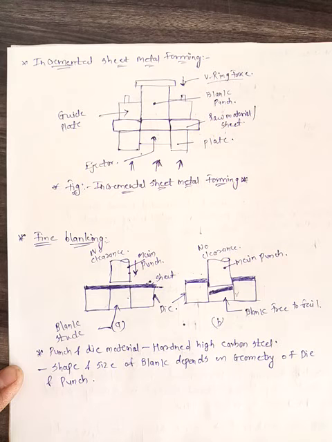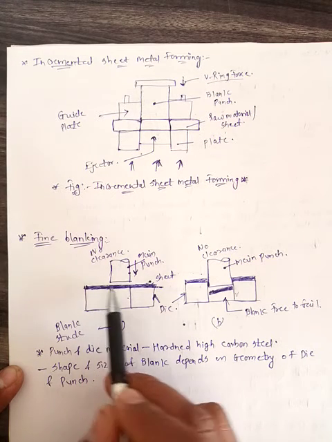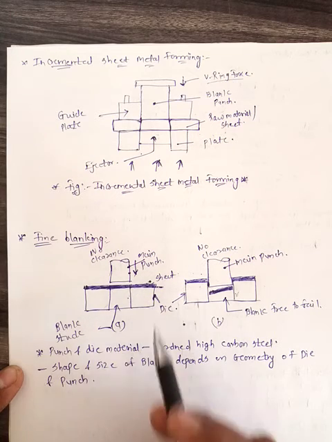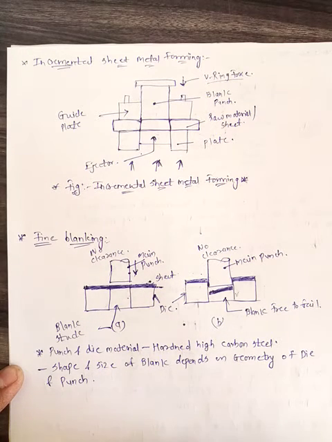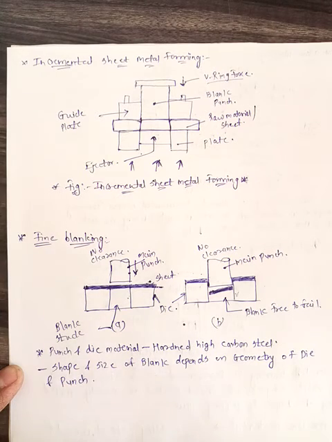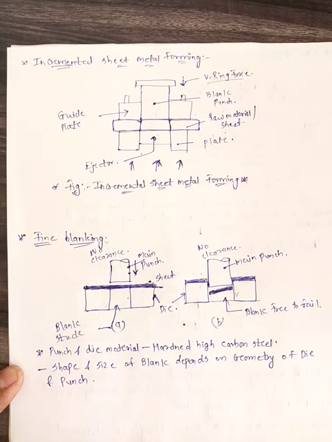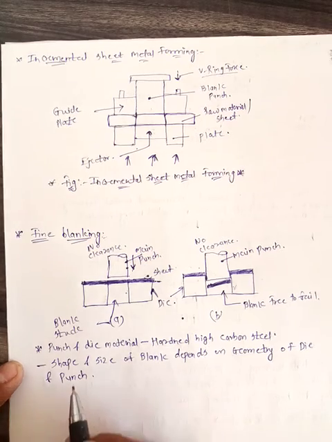Okay, and this remaining material is waste material from this sheet, and the required material we get is the blank. It is useful for doing different processes.